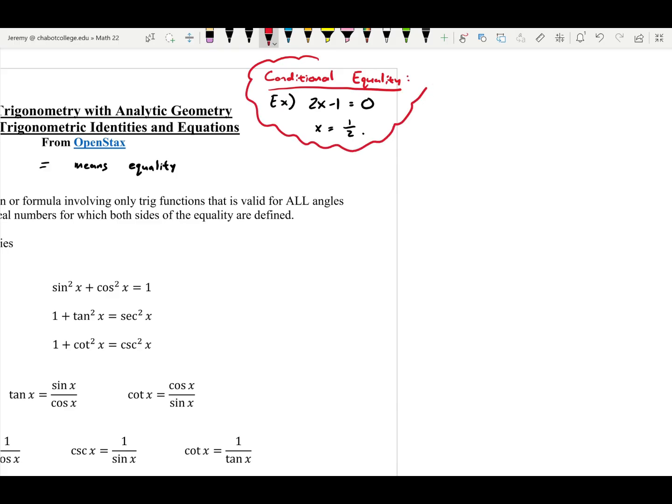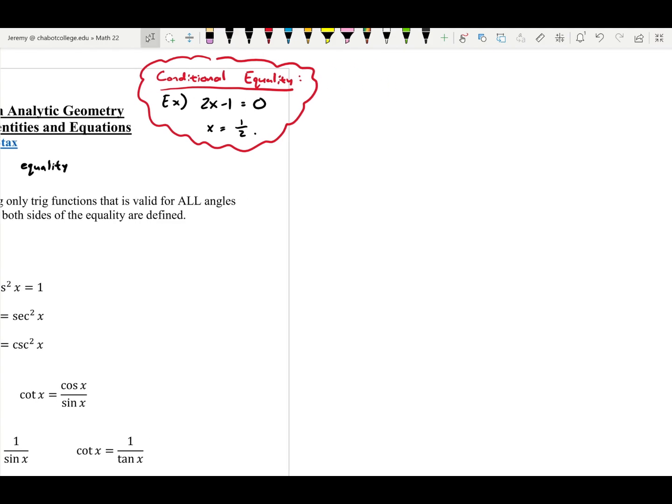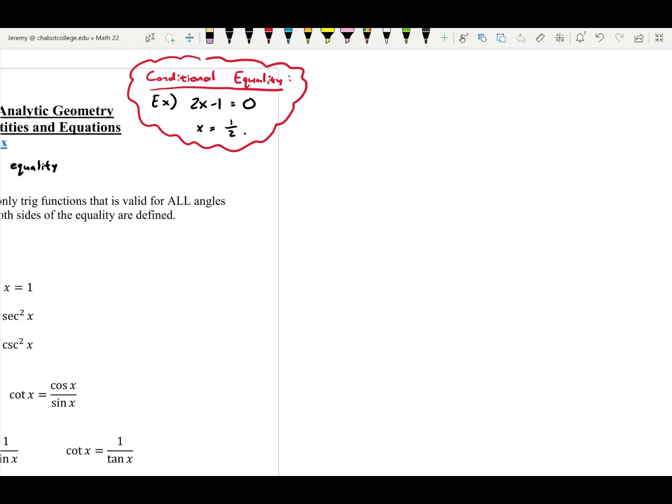Now there's another type of equality which we'll call unconditional equality.